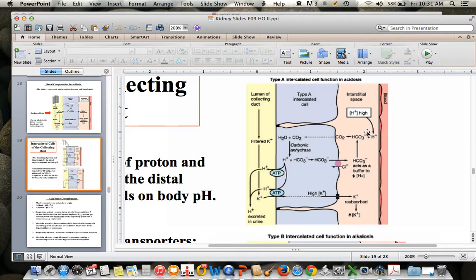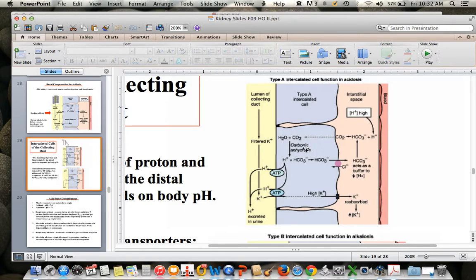Is it really high or really low? That means that your pH would be really low. If it's very acidic, then your pH is low. So you have lots of protons here, meaning your pH is low, it's very acidic in the blood, for example. And it's going to bind with bicarbonate and then convert it into carbon dioxide. And that carbon dioxide can then, in turn, cross into these cells.